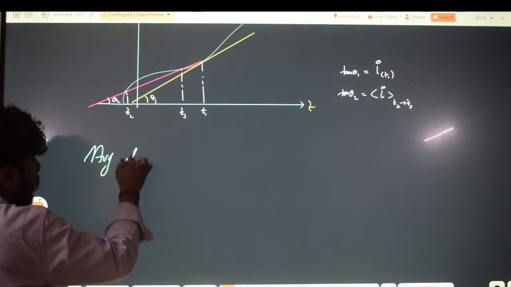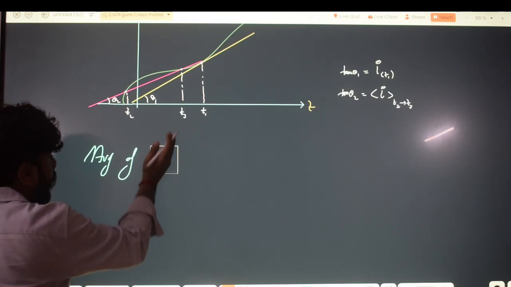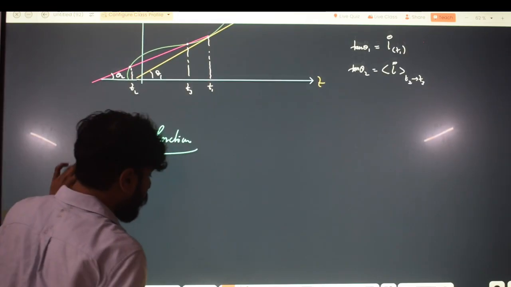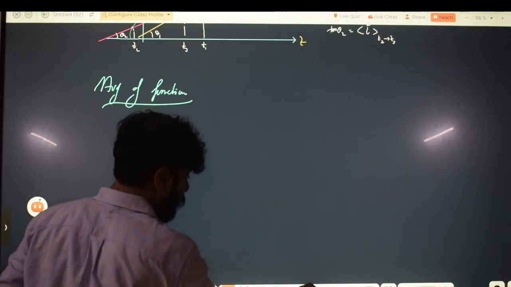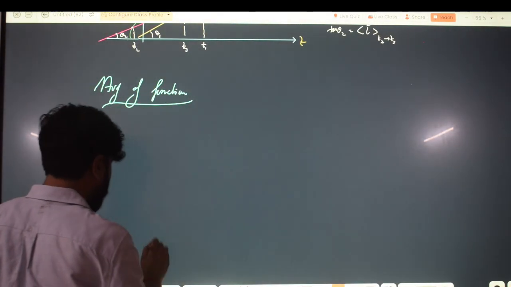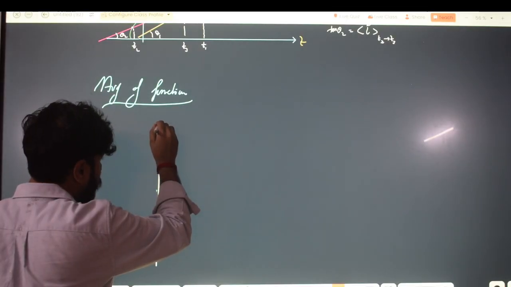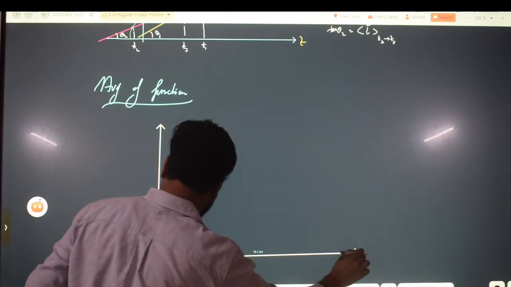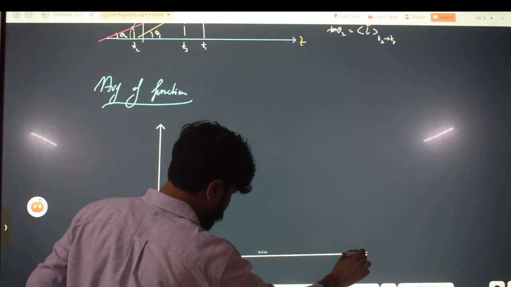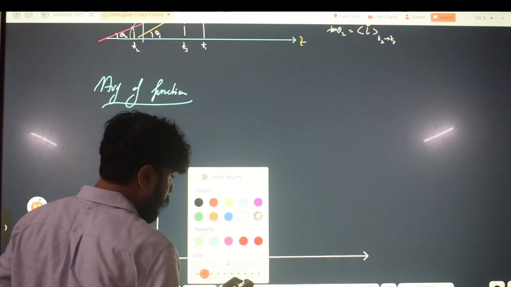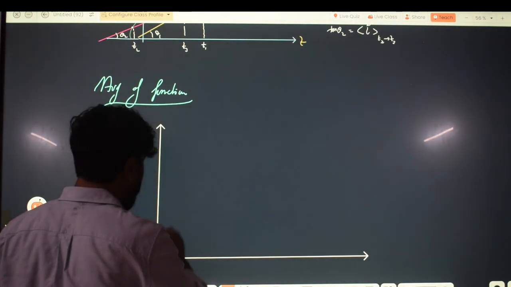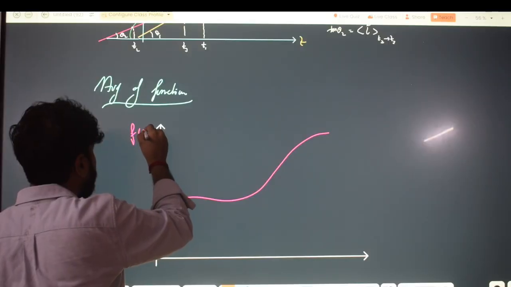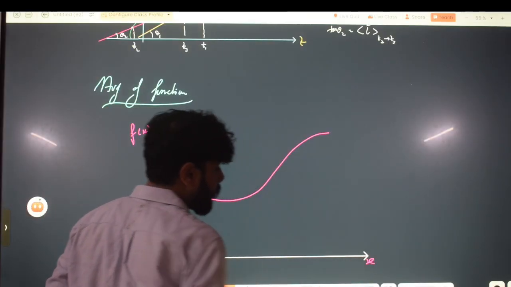We should know the average of any function, not just current, any function. How do you define the average of any function? Let's say this is the graph you have, and you want to find the average of a function, let's call it f(x).